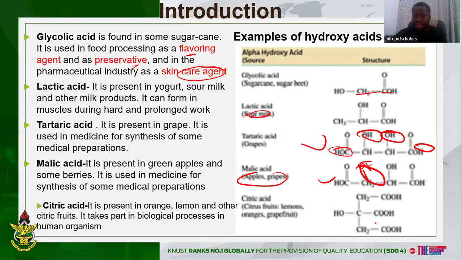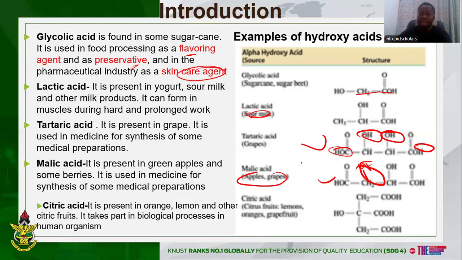It's a tricarboxylic acid, and it is found in citrus fruits. Very simple. Now we have to know the structures, or be able to identify the structures of these compounds upon seeing them, right? They will come up a lot, and once we see them, we have to be able to identify the compounds.